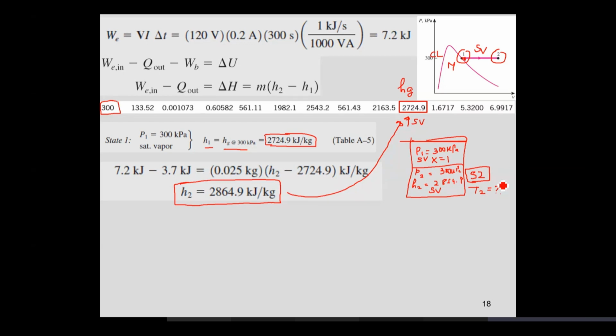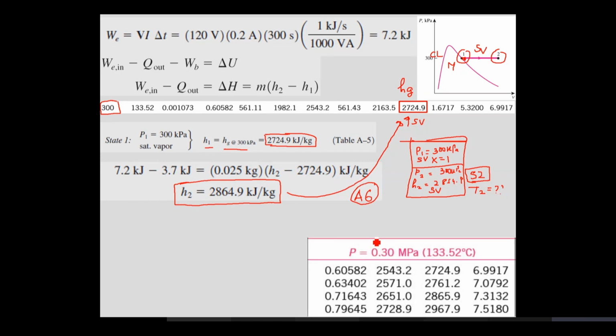Yes, sir. How? Sir, by making the table and using interpolation. Which table do I have to use? Sir, the pressure table A6. Since we are talking about the superheated vapor, table A6 is for superheated, so we'll use table A6.